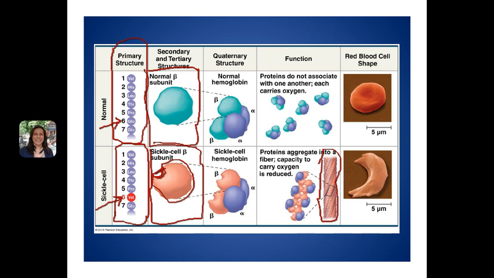The crystallizing hemoglobin fibers will actually pull the red blood cell into that shape. These sickle-shaped red blood cells then get stuck inside capillaries when the oxygen concentrations are low, and they can cause clogs, and the tissues beyond the clog are then deprived of oxygen, and this is what causes some of the major problems in sickle cell anemia.